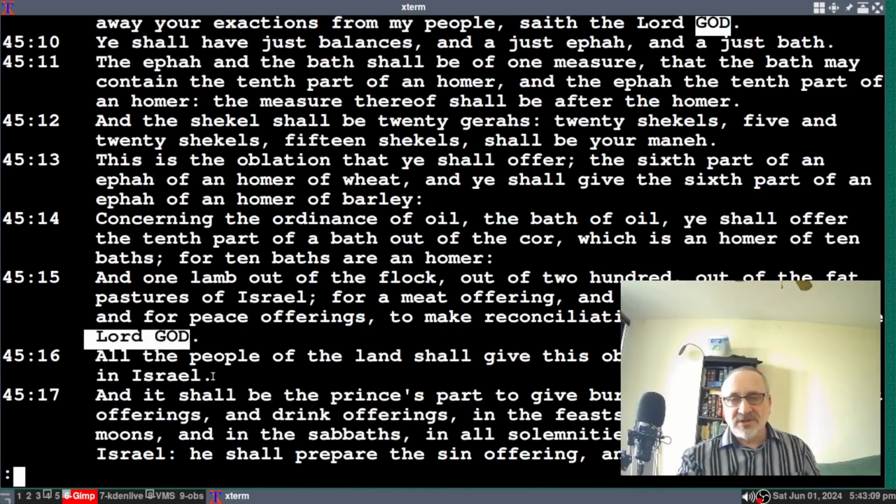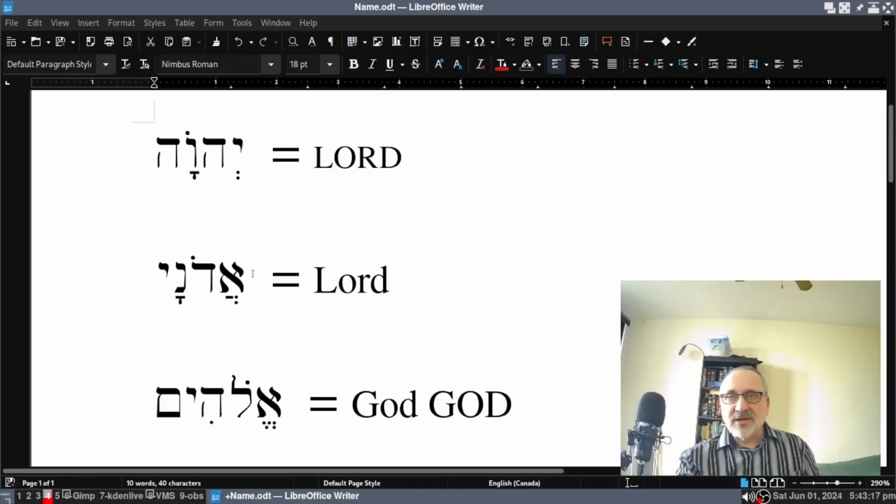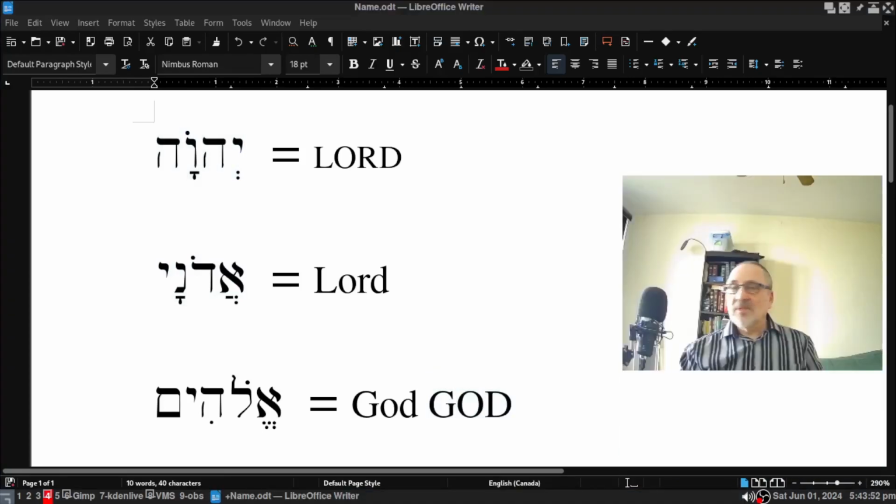So what this means is that in the Hebrew, it's actually Adonai Jehovah, right? So they're saying Adonai, and they're translating it that way, which means Lord or Master. And then they're saying in the Hebrew, it's Jehovah, but they're typing it in as God with all caps. So of course, that makes it all a little more confusing.